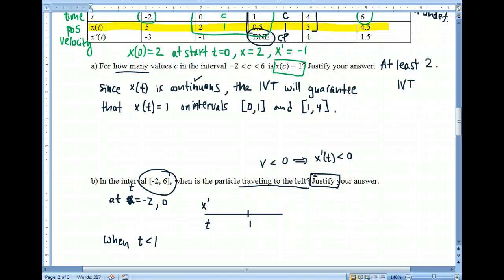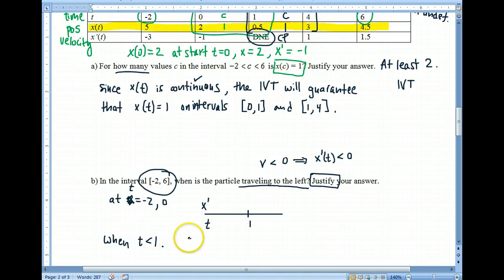So we are going to have to point out something about 1. What's important about 1? That it's a critical point. So we should say, we can just say this: when t is less than 1, that's our answer.